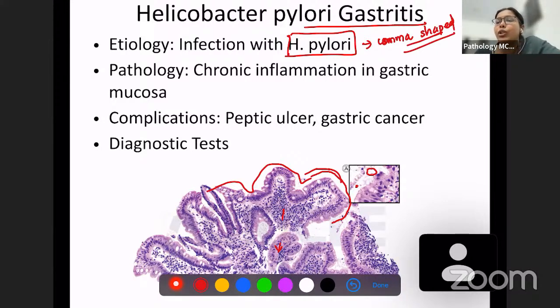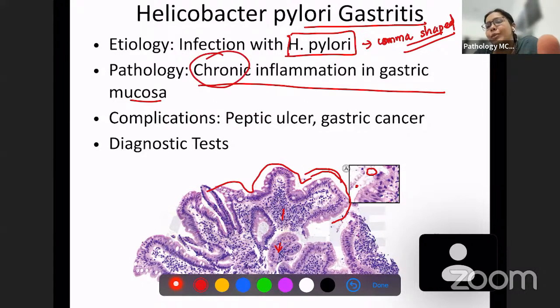So what does it do? It causes chronic inflammation in the gastric mucosa. From your general pathology, what are the cells of chronic inflammation? We have lymphocytes, and we have monocytes or macrophages.